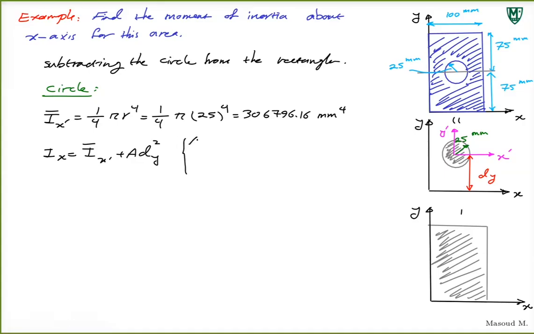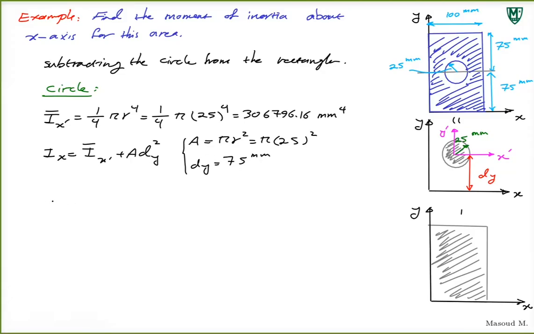Here we have A, the area of a circle. Well, we have pi r squared, which would be pi times 25 squared. Dy is 75 millimeters.